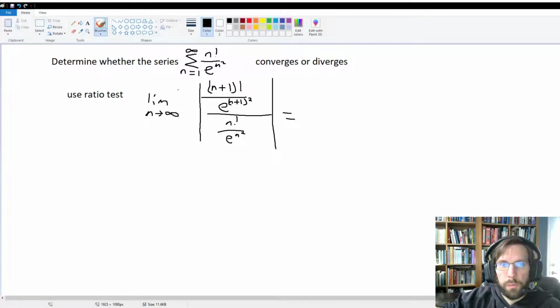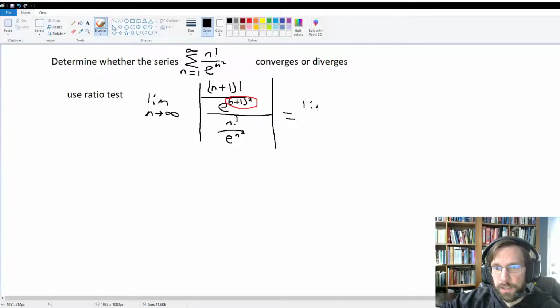Okay, so probably a common mistake I would see on something like this would be replacing the n squared here with an n squared plus 1, but remember you are replacing n with n plus 1, so it's really n plus 1 squared.